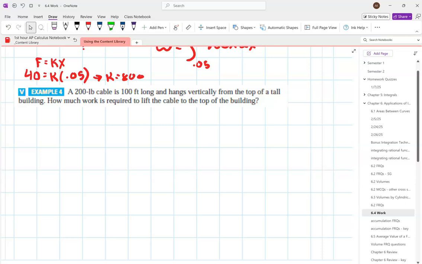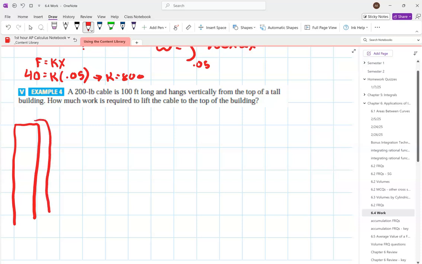So I'm going to start by drawing a picture to inform what I'm doing here. I'm going to draw myself a building, and here's my cable hanging off. I know that I'm going to start at 0 and go down to 100, right?